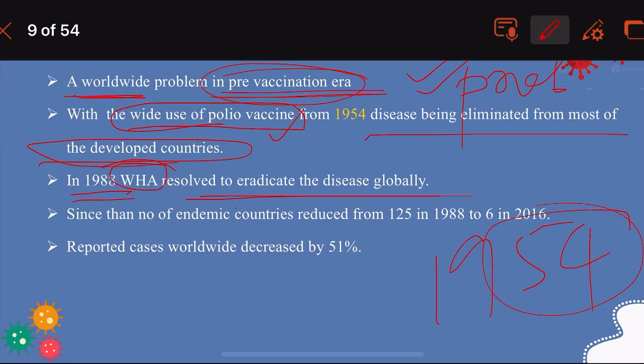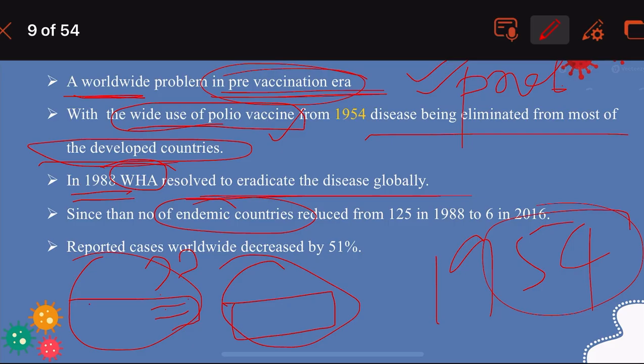Since then, what happened? Endemic countries. What do we mean by endemic countries? Endemic countries are those where the disease persists at the usual frequency. Every year, countries like those in Africa report some cases of poliomyelitis, and the same frequency persists every year.